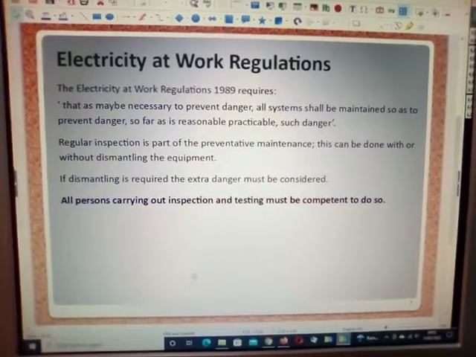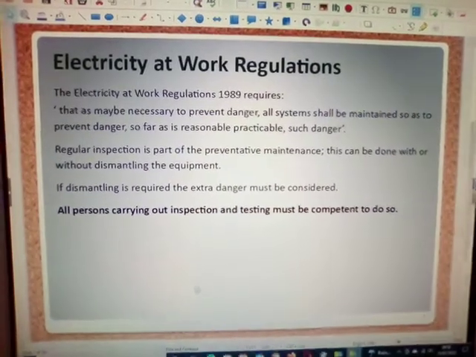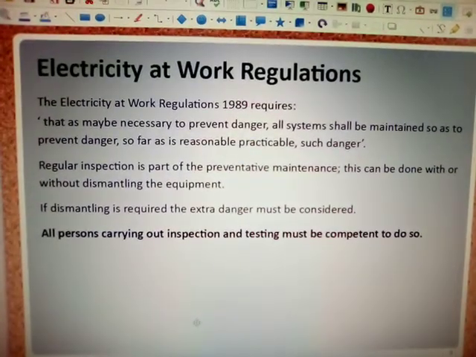Now what we're looking at here again is Electricity at Work Regulations. Again, these are things you should be familiar with, so I don't need to spend that long on it.